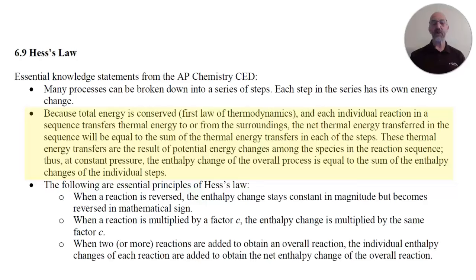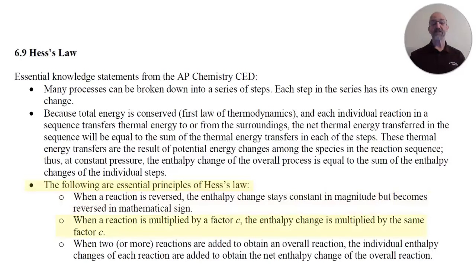These thermal energy transfers are the result of potential energy changes among the species in the reaction sequence. Thus, at constant pressure, the enthalpy change of the overall process is equal to the sum of the enthalpy changes of the individual steps. The following are essential principles of Hess's law. When a reaction is reversed, the enthalpy change stays constant in magnitude but becomes reversed in mathematical sign.